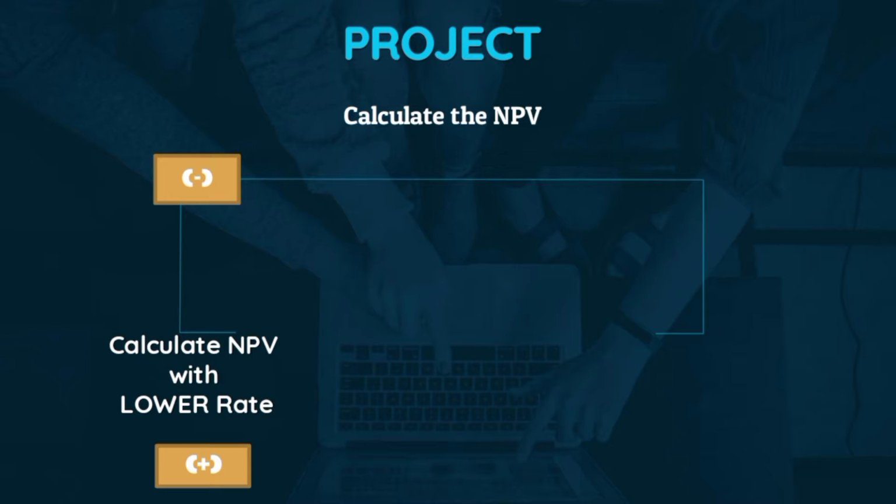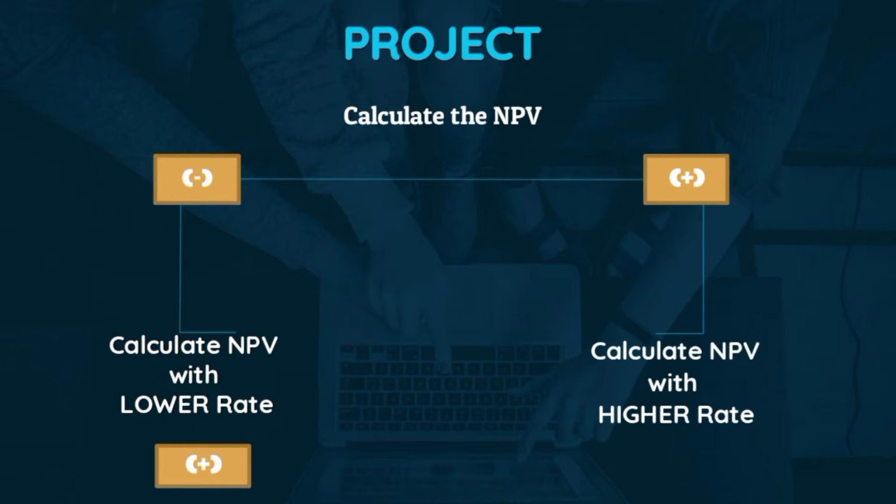On the other hand, if we have positive net present value, then we need to calculate the NPV with higher rate so that we could come up with negative net present value. Why do we need to calculate the IRR? Of course, we need to calculate it, and we have to interpolate two NPVs, as I've said, and one must be positive and the other must be negative.